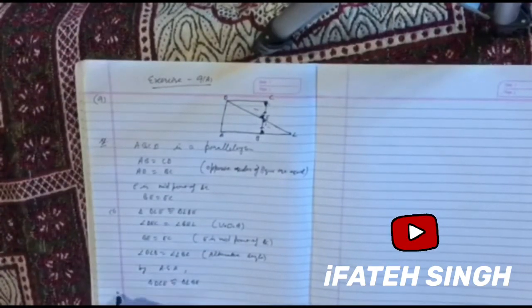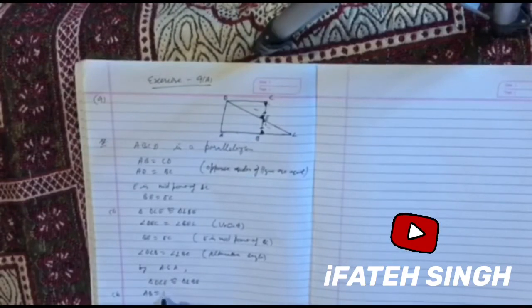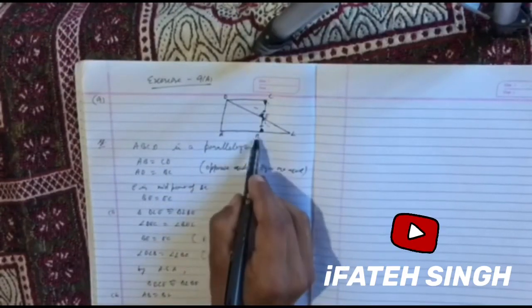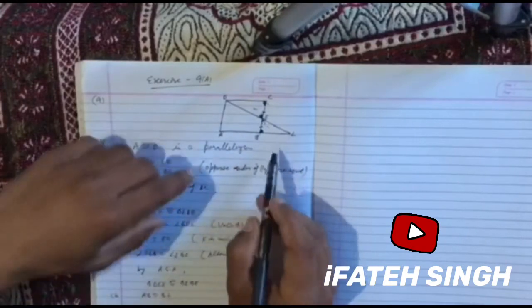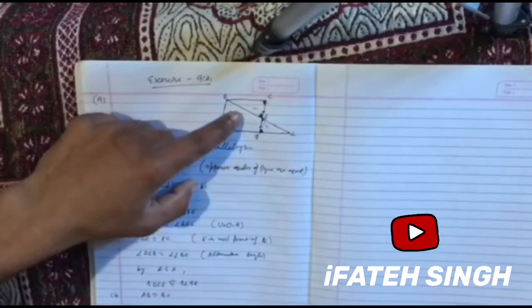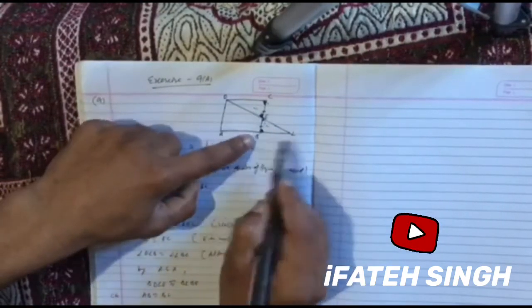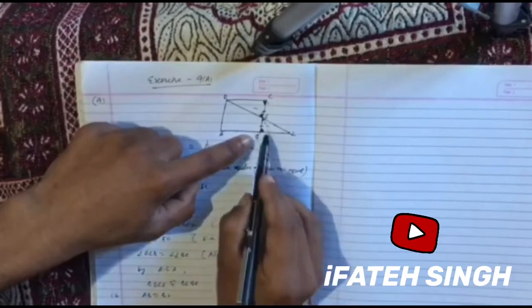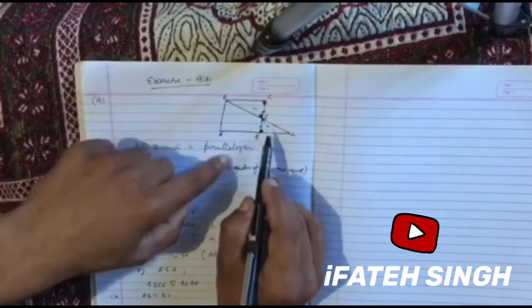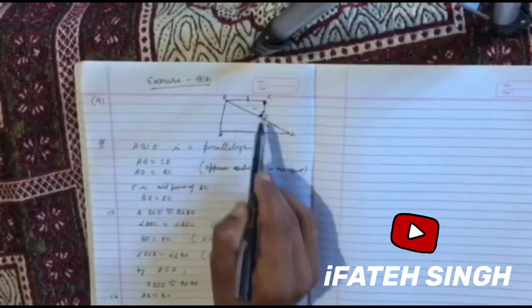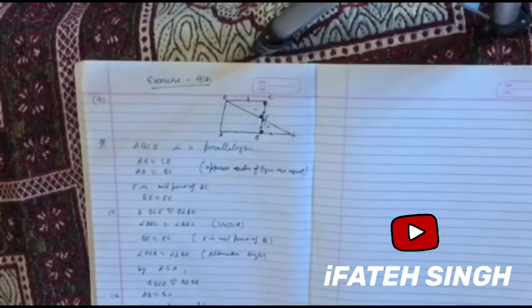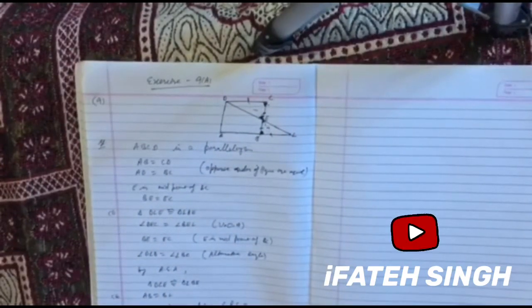Next is the second part, where we will prove that AB is equal to BL. From the first part we have that DC is equal to BL because these two triangles are congruent and the corresponding sides of congruent triangles are equal by CPCT.